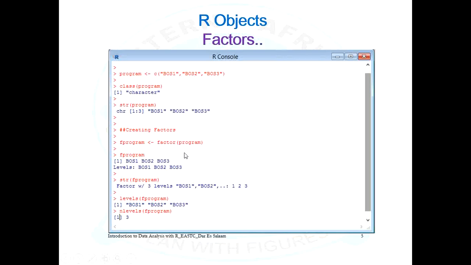So simple. This is how to make a factor in R. You simply use the function factor, and then you specify the vector that you wish to change. That's number one.